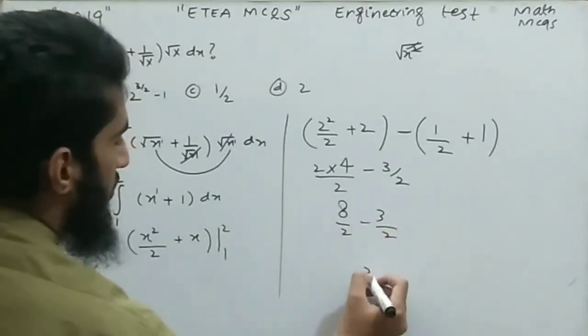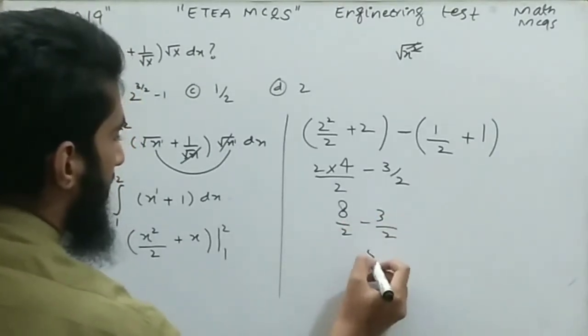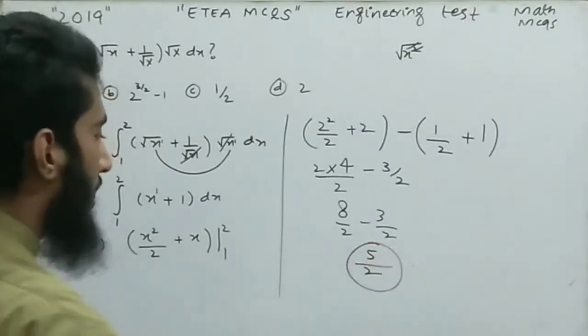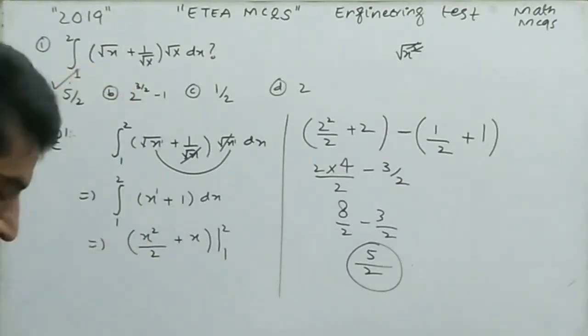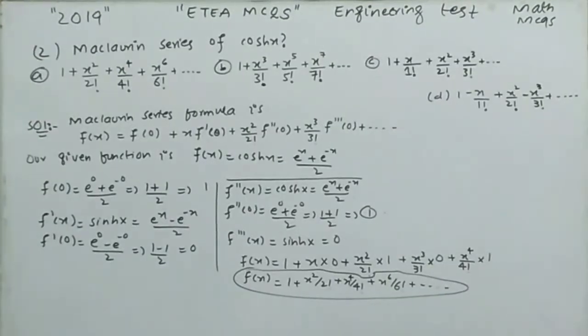Now the LCM is the same, which is 2, so 8 minus 3 will give us 5. So 5 by 2 is actually the required and desired result. So the correct option for this MCQ number 1 of ETEA MCQs Engineering Test Mathematics portion of 2019 is option number A. Now move to the next MCQ of the ETEA Engineering Test of Mathematics portion of 2019.